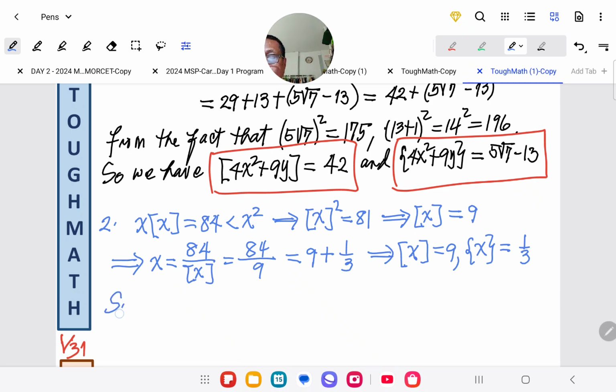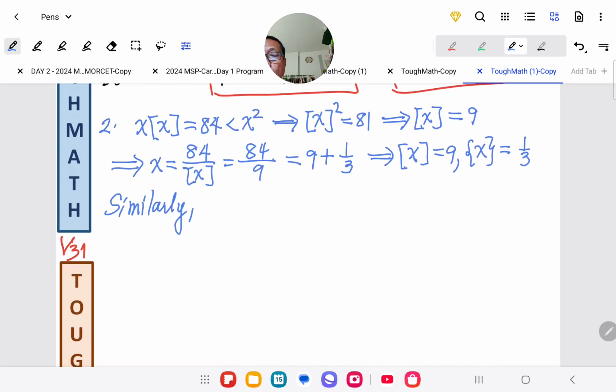Similarly, y times the greatest integer value of y equals 68, and this is less than y squared.